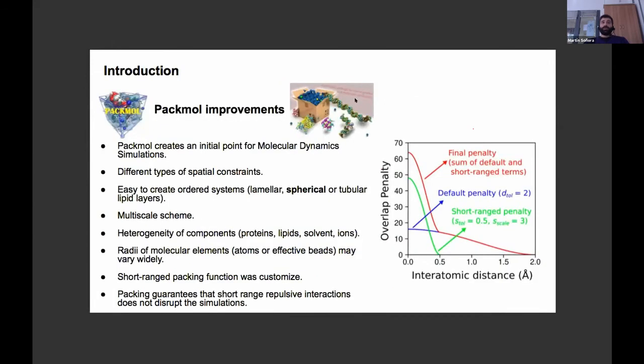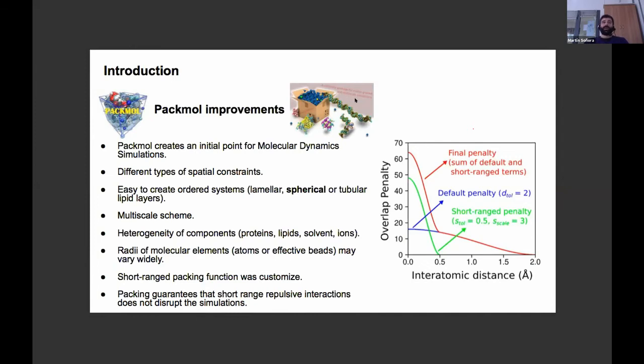To solve the packaging problem, we use the Packmol software. So what were the Packmol improvements? This software creates an initial point for molecular dynamics simulation by packing molecules in a defined region of space. With Packmol, different types of spatial constraints can be attributed to the molecules or atoms.